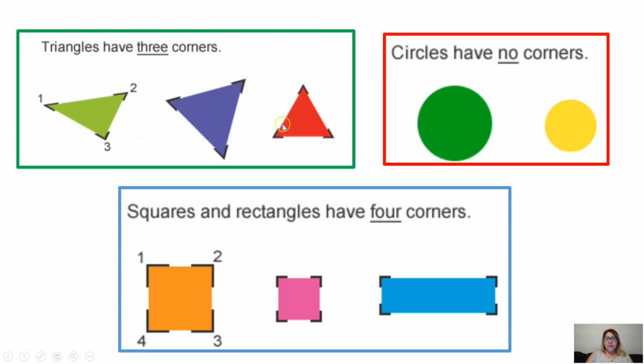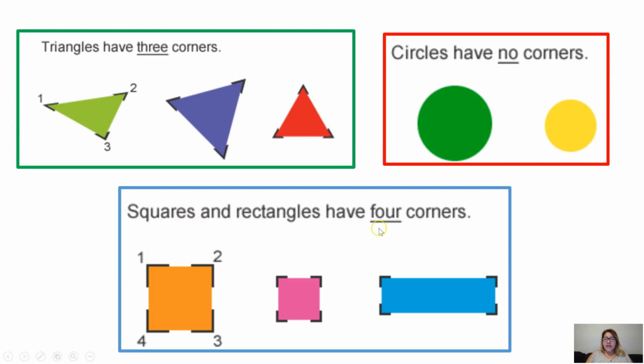In this triangle all of the sides are equal, and it looks like some of these might be a little different as well. And they can be rotated or tilted a different way. Circles have no corners. It keeps going. It's just a round shape.